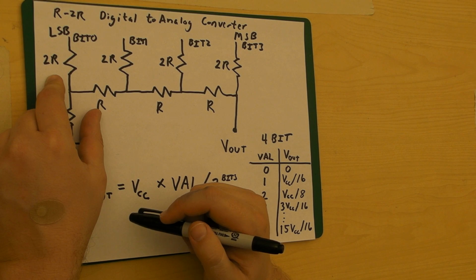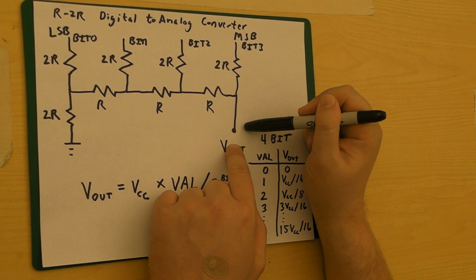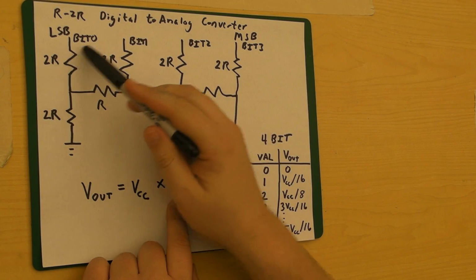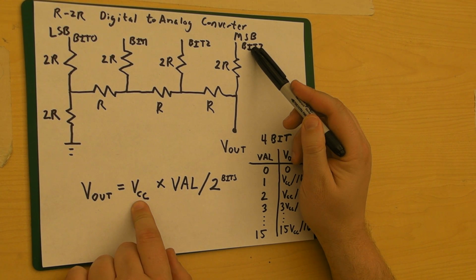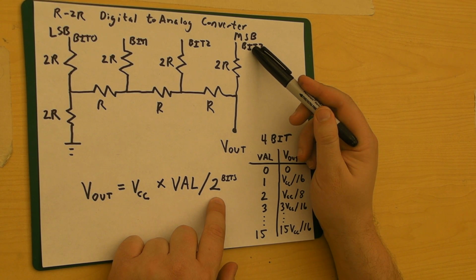Now what's neat is that you can actually get the value of the voltage out here by a simple formula. You look at the digital value as specified by these bits, multiply it by your reference voltage VCC, and divide by 2 to the number of bits, and that's going to be your voltage.